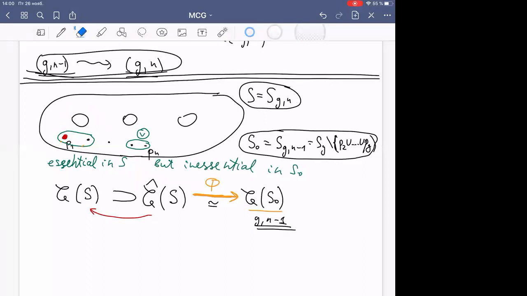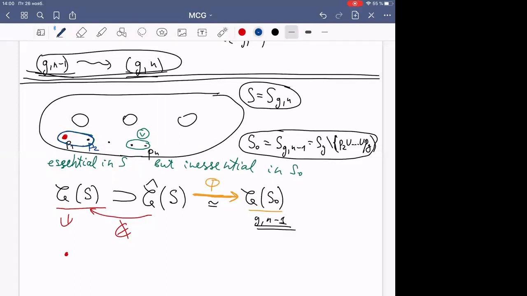We choose any simplex of C of S. If a vertex belongs to C of S but doesn't belong to C hat of S, then it is a curve which encloses exactly two punctures, one of which is P1.